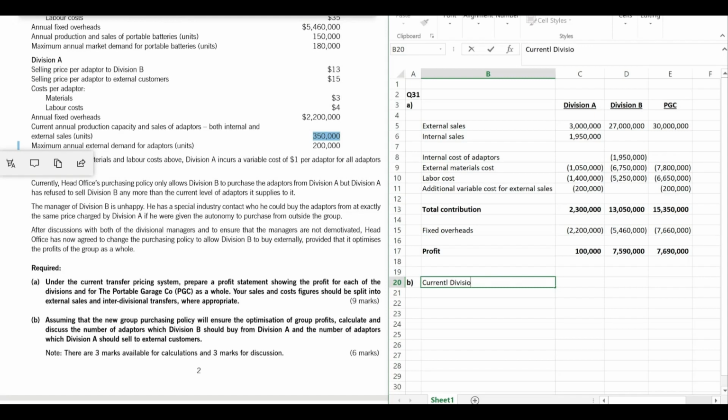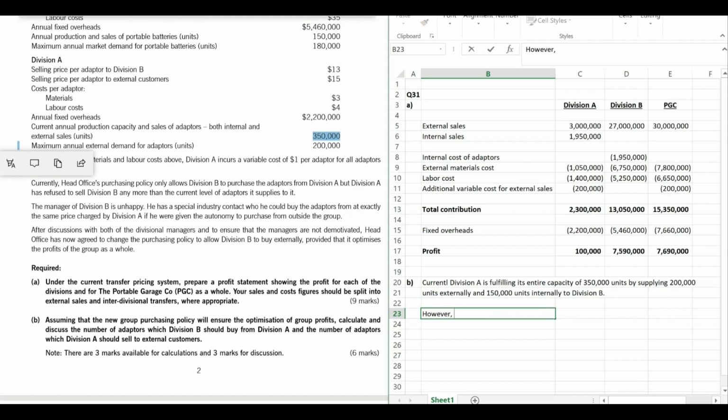Currently, Division A is fulfilling its entire capacity of 350,000 units by supplying 200,000 units externally and 150,000 units internally to Division B. However, under the new policy, Division B would now want to produce and sell 180,000 units to fulfill its entire external demand.